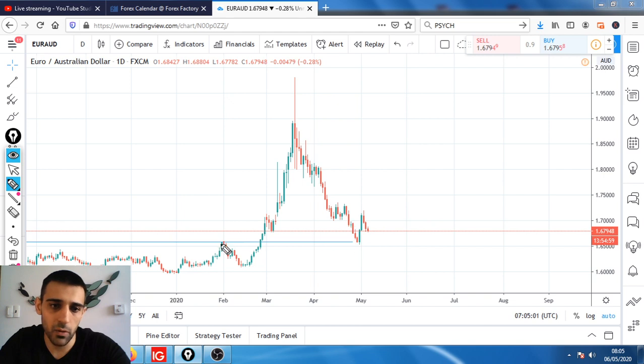The price already came down to this support level down here, this horizontal line. The price tested that line, and then we had this aggressive reaction, I think Thursday and Friday last week, nicely towards the upside, and now we can see that the price is slowly coming down since the beginning of this week.